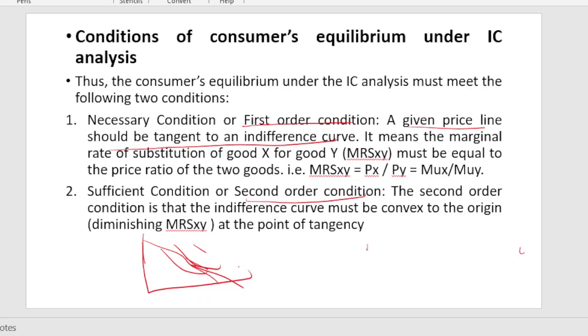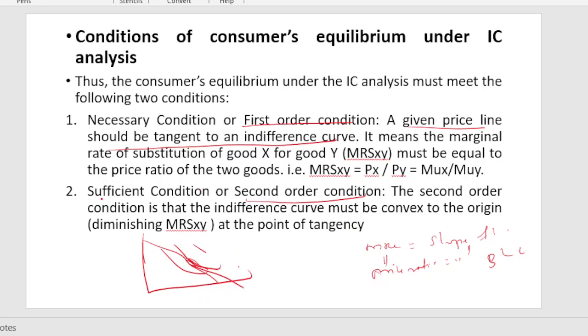We know that MRS means the slope of the indifference curve, and the price ratio is the slope of the budget line. So at the equilibrium point, the slope of the indifference curve is equal to the slope of the budget line, or the price line should be tangent to the indifference curve.